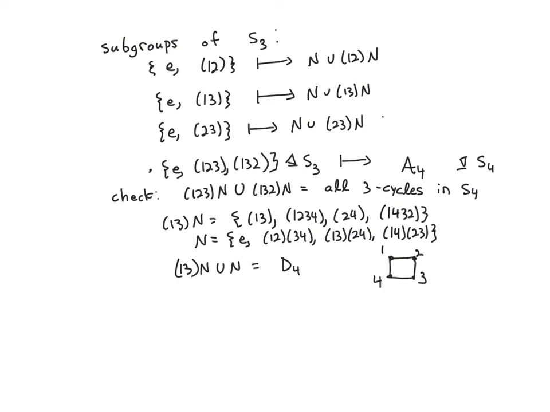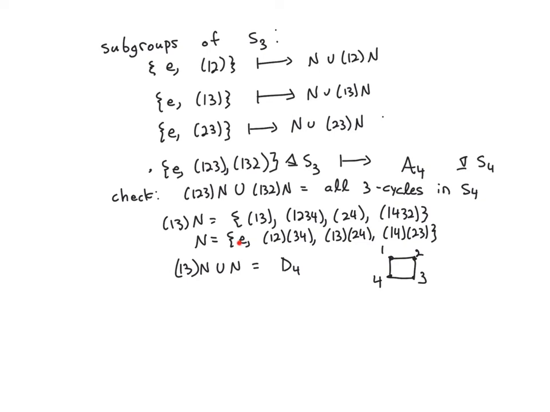You can check. You have the rotation clockwise, the counterclockwise rotation, the 180-degree rotation, the vertical flip that swaps 1, 2 and 3, 4, the horizontal flip that swaps 1, 4 and 2, 3, this diagonal flip that only swaps 2 and 4, the other diagonal flip that only swaps 1 and 3.